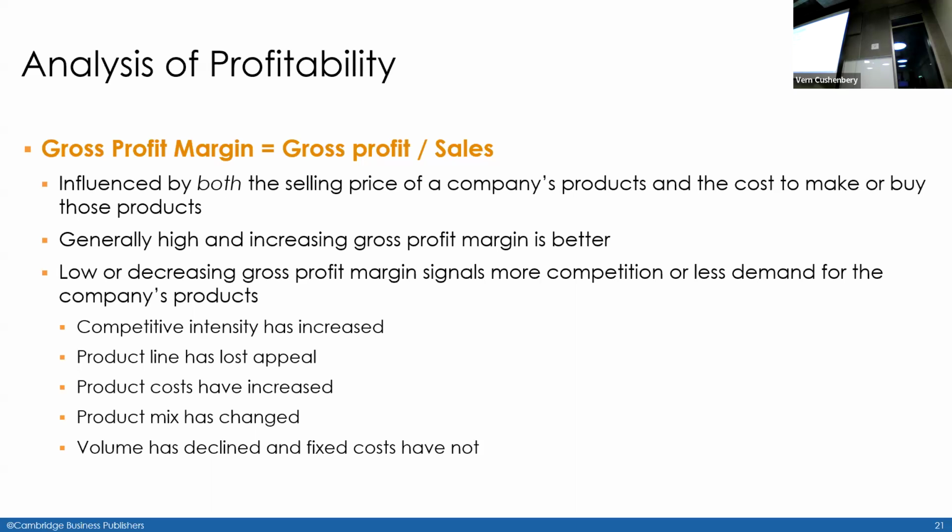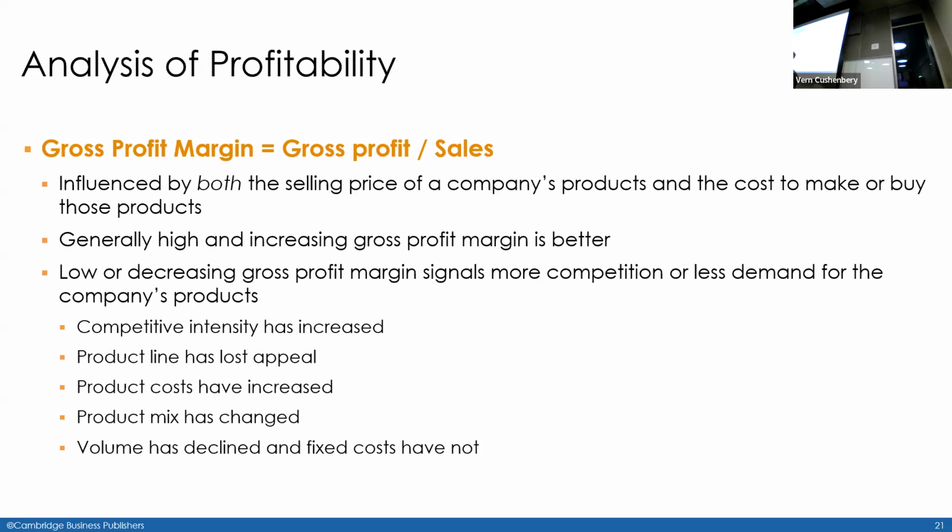So how about product costs have increased? That's the last 4 years, right? We went through COVID and then we had inflation 8, 9, 10%. Is that likely to continue? Is that likely to abate? I don't know. Those are questions that you're expected to be able to answer as the analyst.